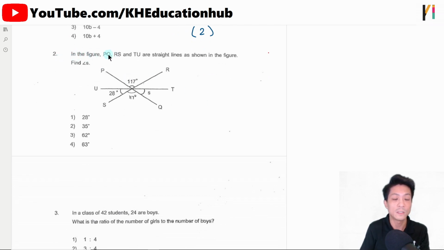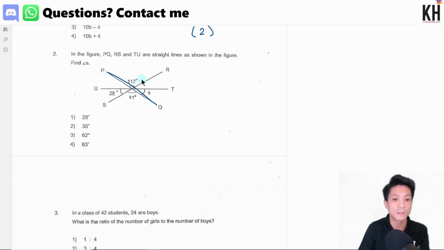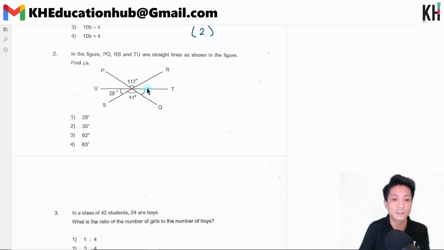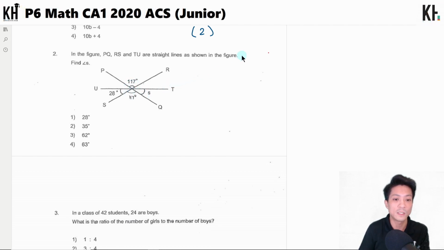Okay, question 2. In the figure, PQ, ARS, and TU are straight lines as shown in the figure. Find angle S, which is over here. Using the vertically opposite rule, we know that this is also 117.